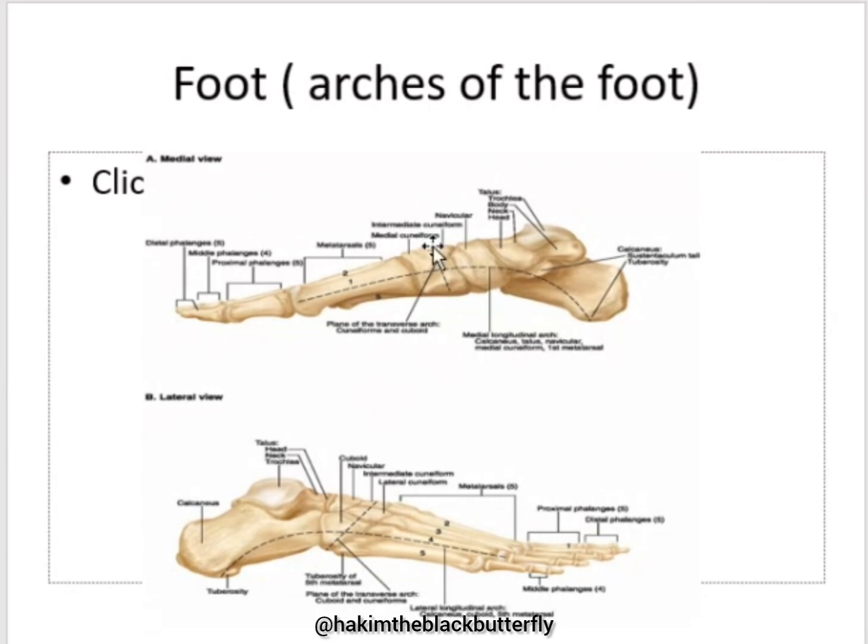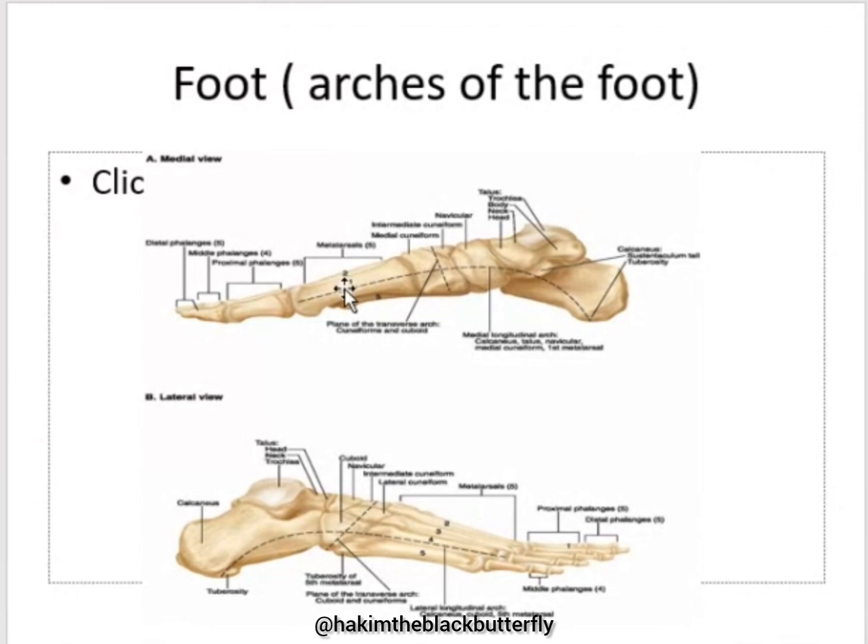And then here we have three bones known as cuneiform bones. This is the medial cuneiform bone, the intermediate cuneiform bone, and we have a lateral cuneiform bone. Then it is made up of these bones, the first, the second, and the third metatarsals.